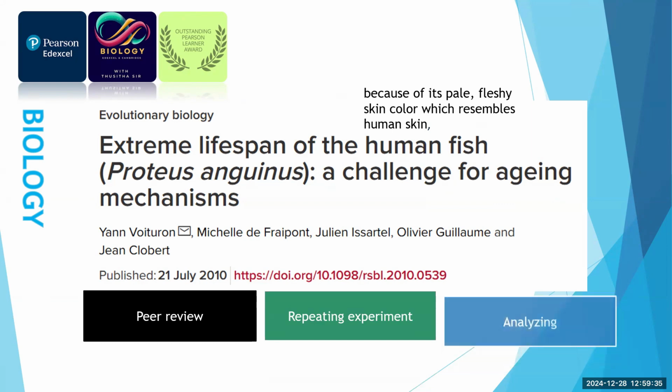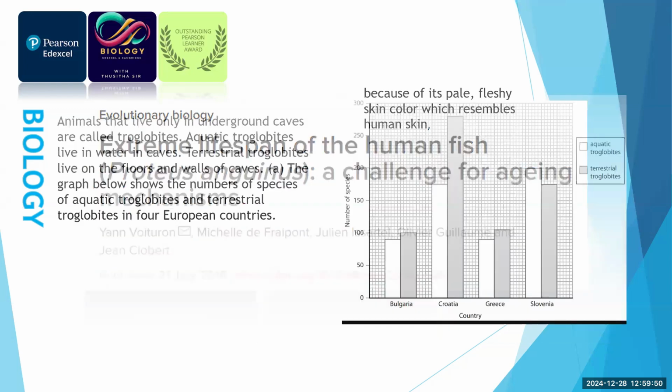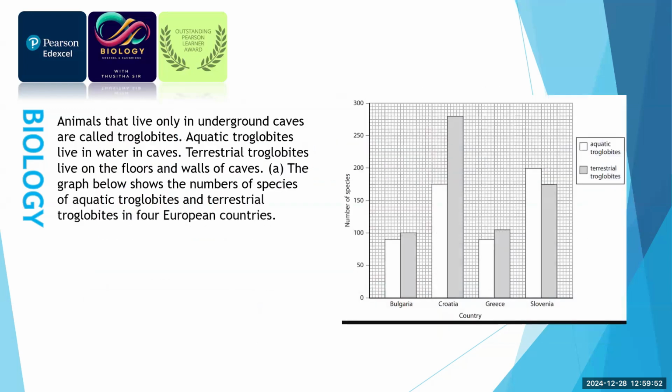After that they analyze and carefully check the statistics and other published articles, and then they accept the article and it is valid. So here is some of the information we can find from these articles.